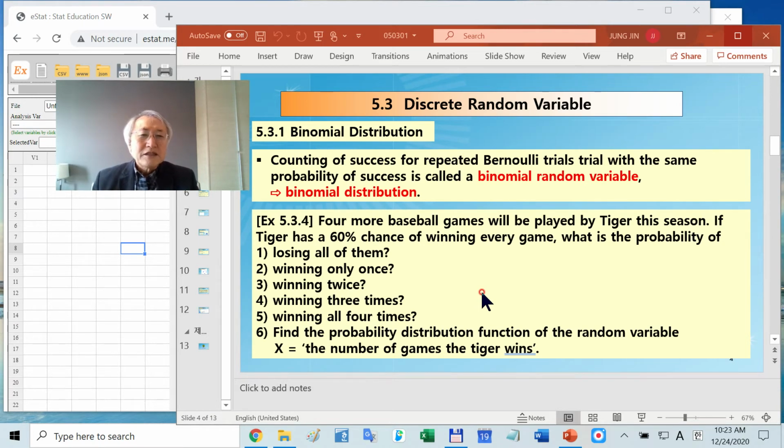Here's an example. The Tiger team, a baseball team, has a 60% chance of winning every game this season. What is the probability of losing all of them, winning only once, winning twice, 3 times, all 4 times?